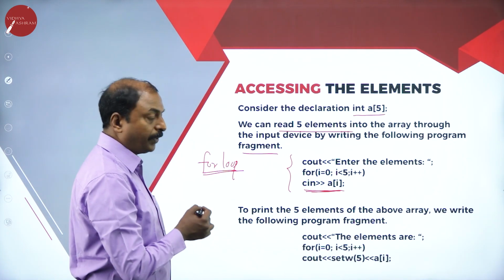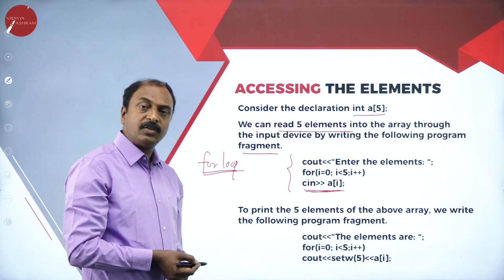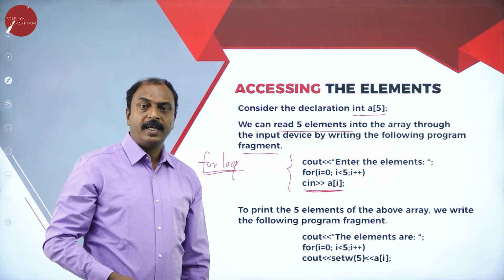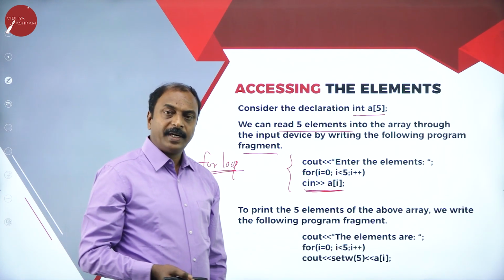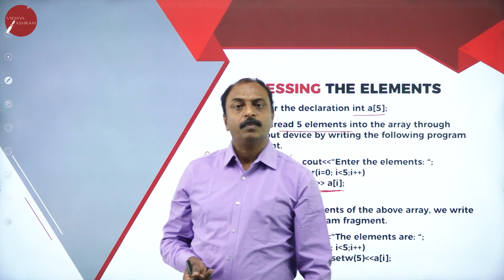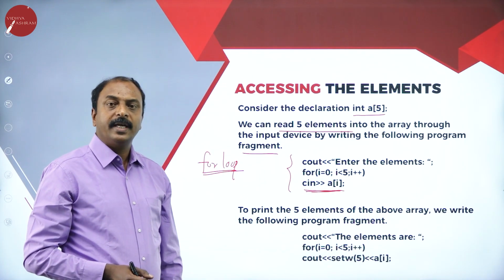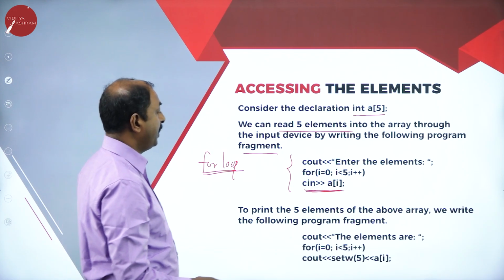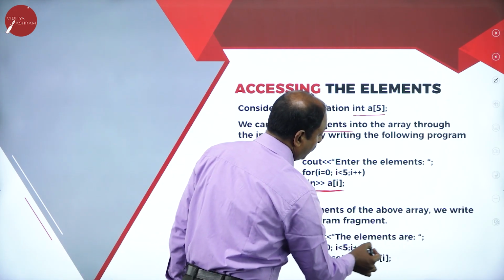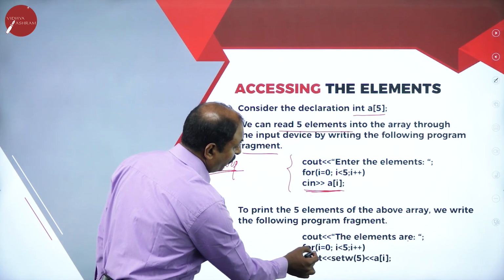Now if I want to print the same array, as I told you, we use a separate for loop for reading, a separate for loop for calculation, and a separate for loop for output of the elements of an array. Accordingly, to print the elements, again I'm using a for loop.